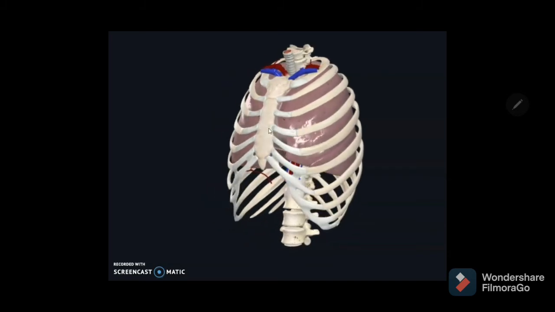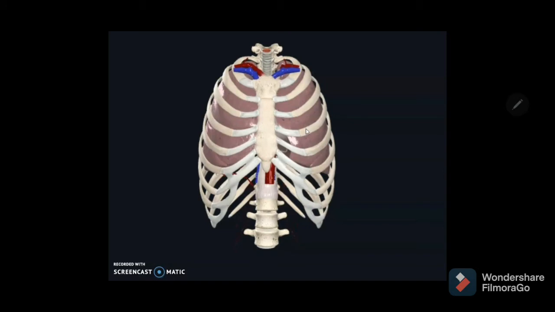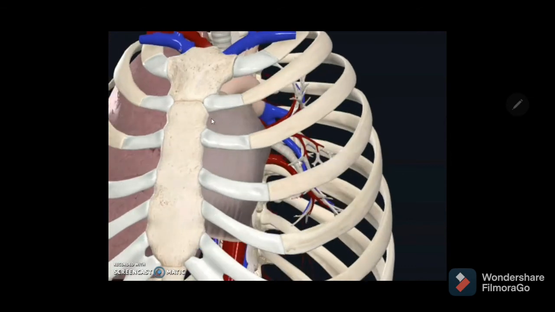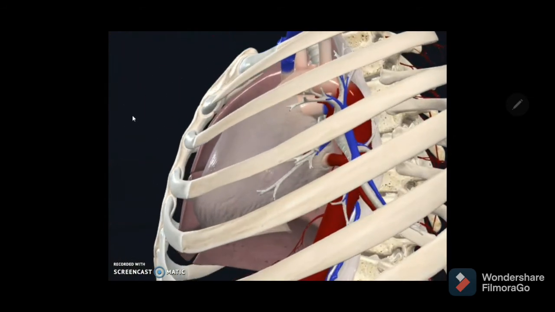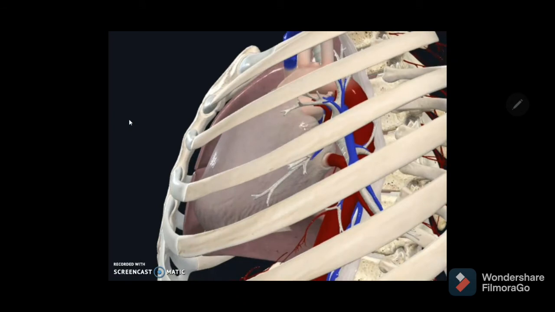If you see here in the animation, we are seeing the thoracic cage, lungs and heart. And if you take out the left lung here, you are seeing the left lateral view now. You can see this is a left lateral view of the heart covered by the pericardium, and you can also see the bony extent anteriorly.